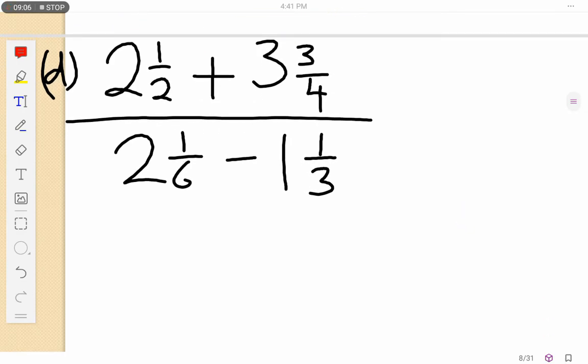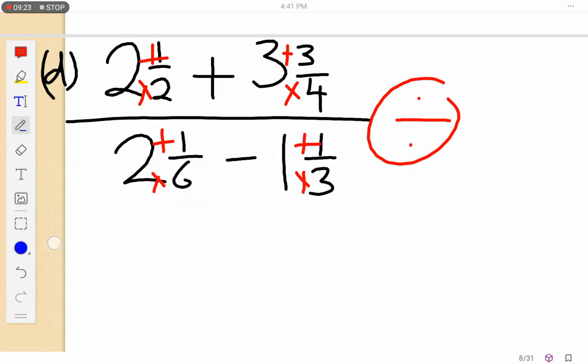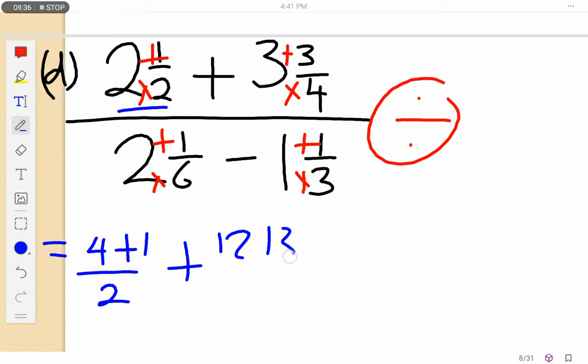Okay, this one we can do the same. We can multiply here, add, multiply, add, multiply, add, multiply, add. And this division sign here, we can even take it like this. So I can rewrite it as, I'm now simplifying and rewriting it again. So 2 times 2 here, 4 plus 1 over 2 plus 3 times 4, 12 plus 3 over 4.